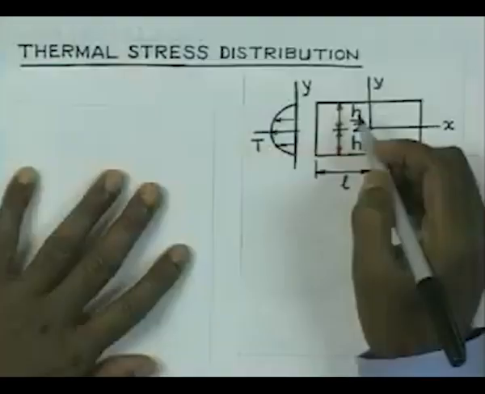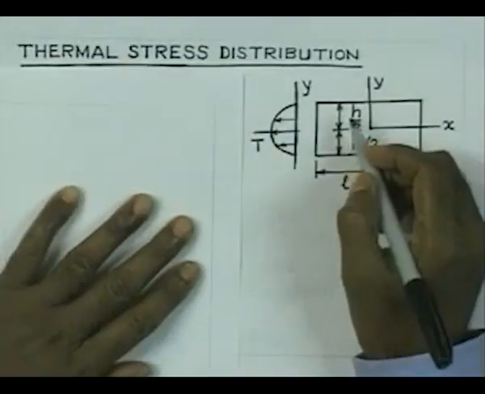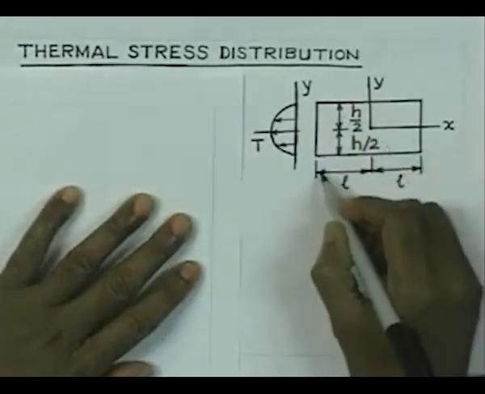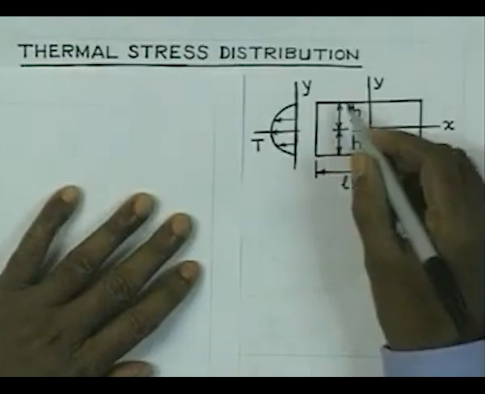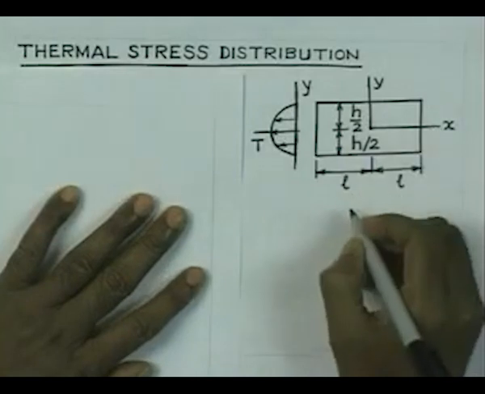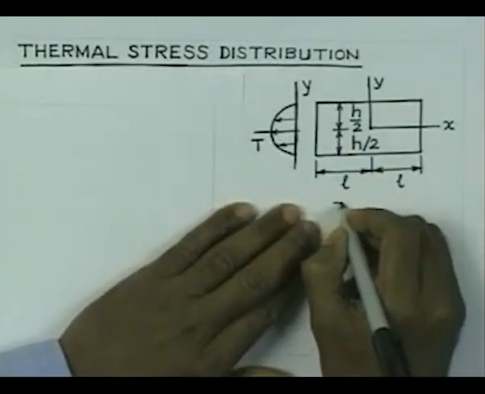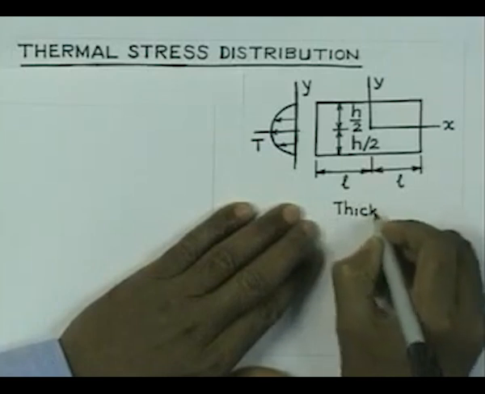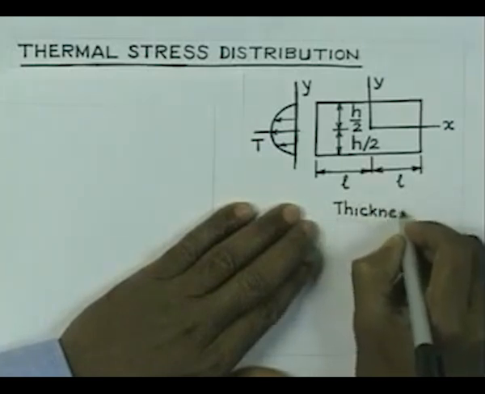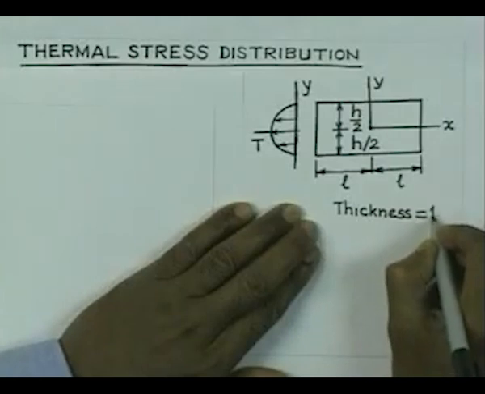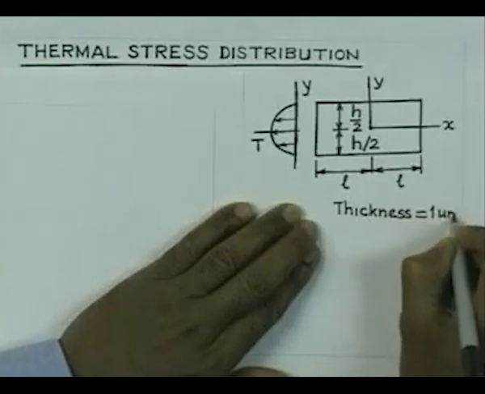So, consider a component which is rectangular, of length 2L, height h, and its cross sectional area is uniform. For convenience, let us consider that the thickness of this rectangular plate is equal to 1 unit.